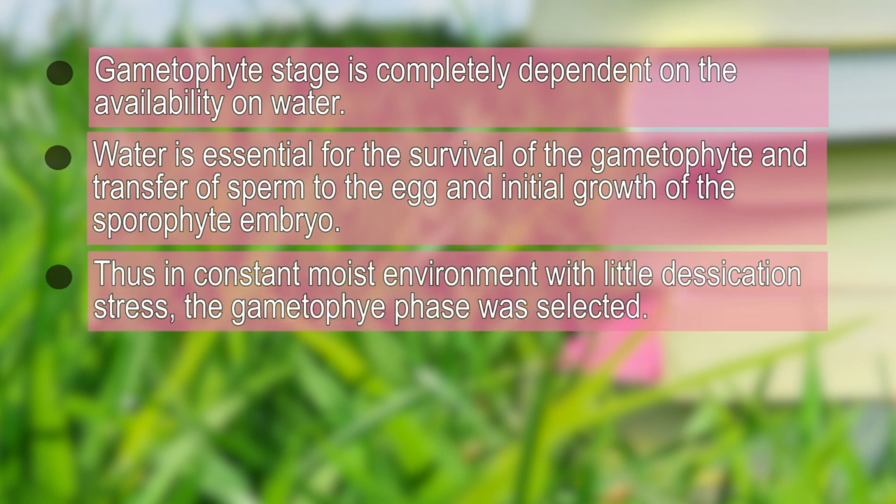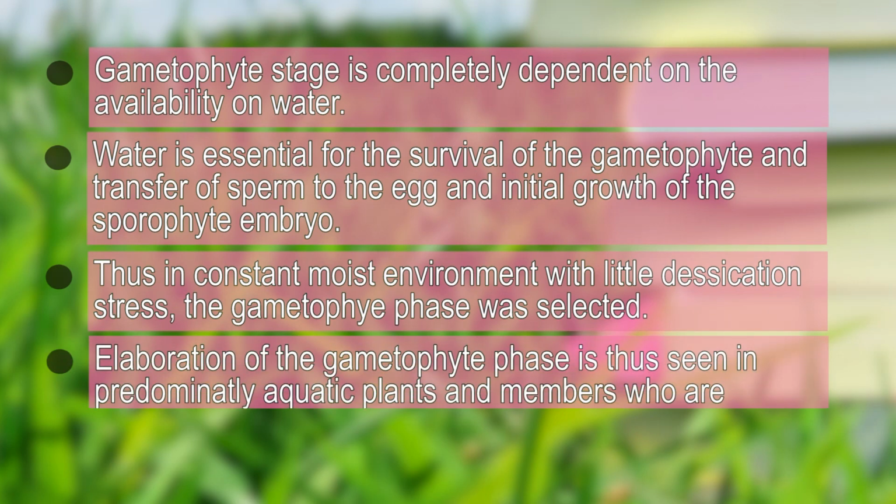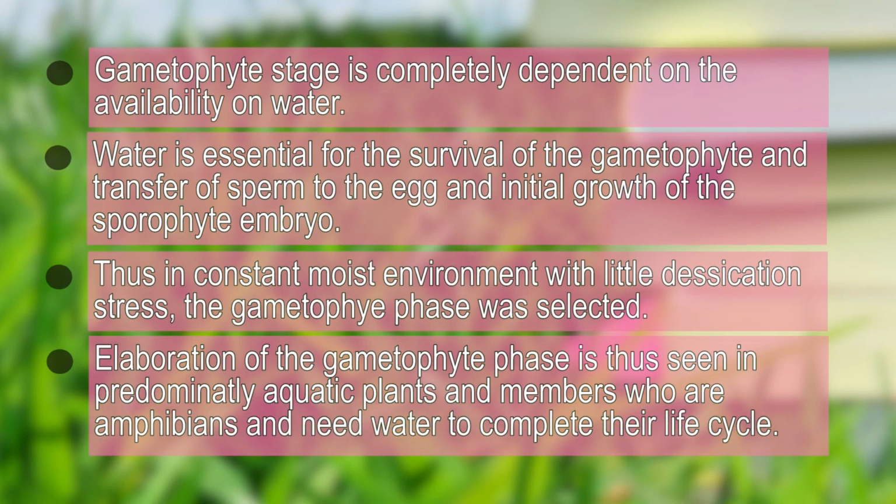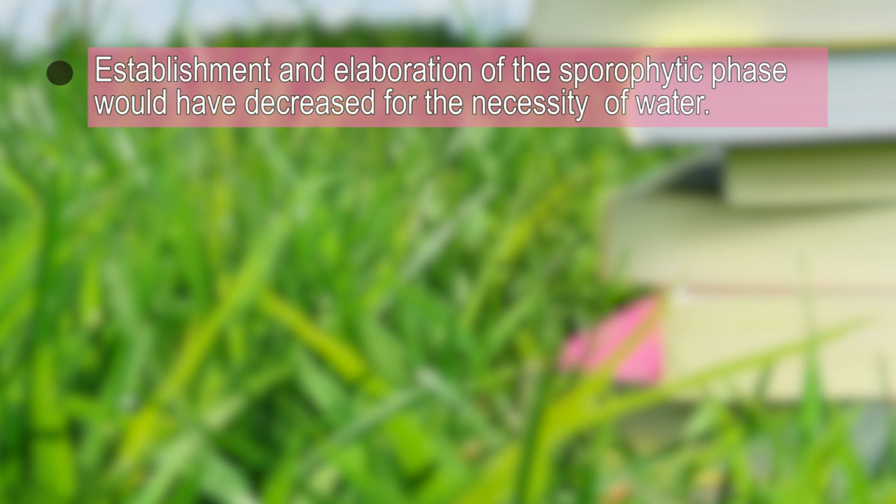Thus, in a constantly moist environment with little desiccation stress, the gametophyte was selected. But as it evolved on land, this gametophytic generation slowly got restricted, and there was an elaboration of the sporophytic phase.